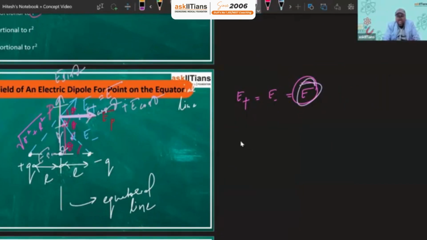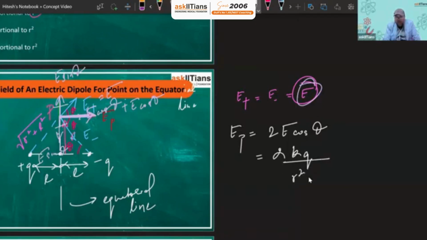So our EP here becomes 2E cos theta. And what is E? E is kQ by this distance square, so r square plus L square. And what is cos theta from here? You see, cos theta is L by this distance, so L by under root of r square plus L square.